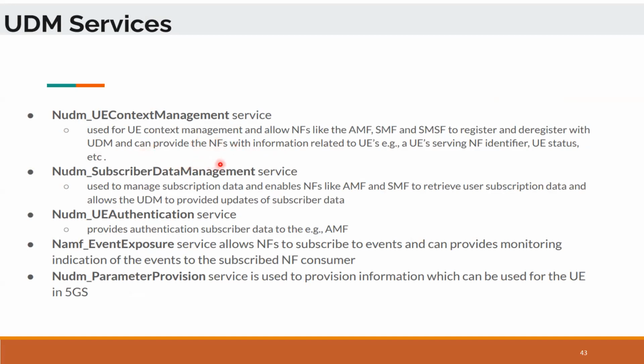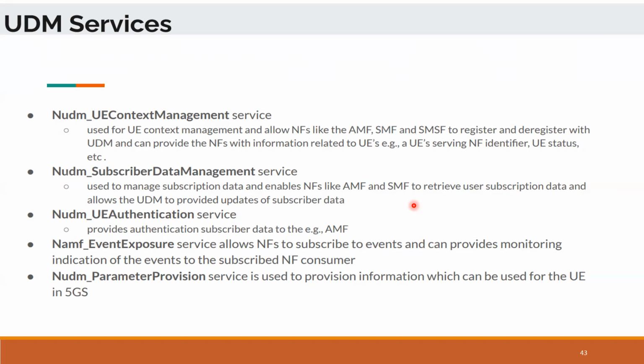Subscriber data management manages the subscriber data and enables the different network functions to retrieve the subscription data, which can be used to allow specific service usage or to bar specific service usage.